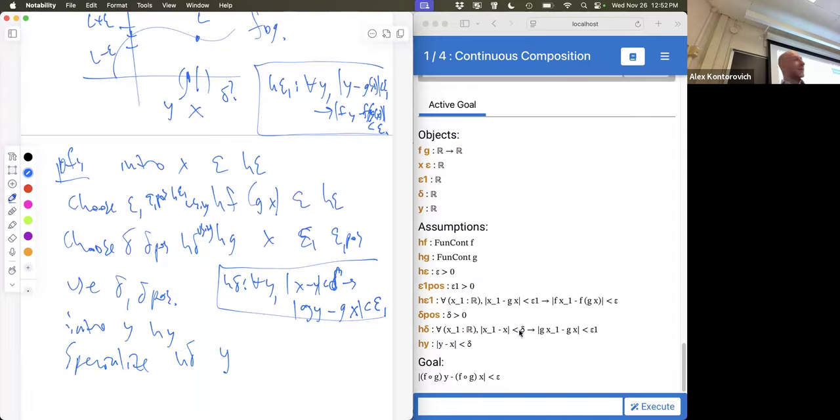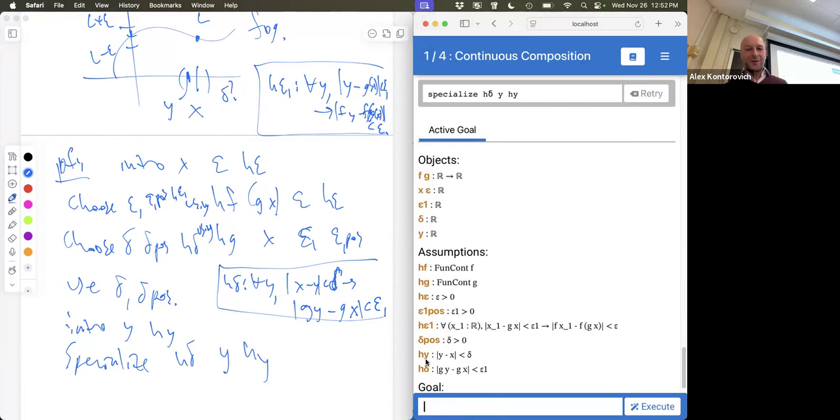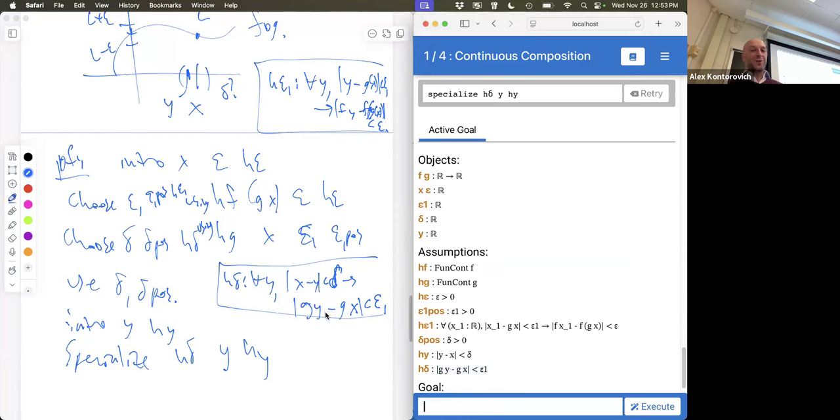Is y within delta of x? Yes, that's hy. That's going to make h delta say g of y minus g of x is less than epsilon 1. Let's not be slick. Again, we could have done this in one step. Specialize h delta y hy. Okay, so now we know that g of y minus g of x is less than epsilon 1.